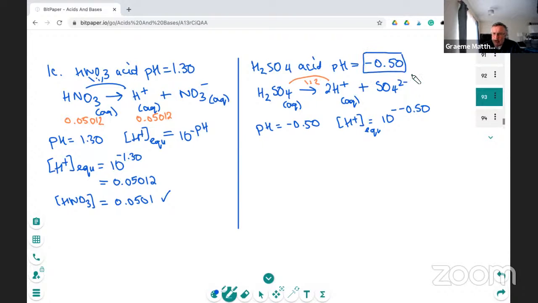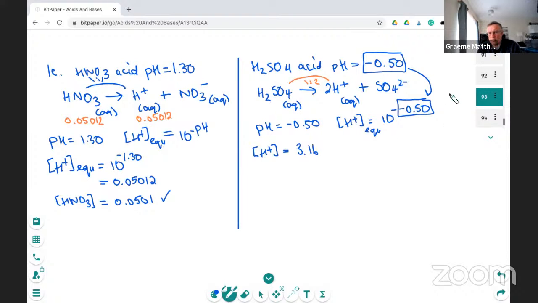We get negative pH in this one. The hydrogen ion concentration is going to be 10 to the 0.50, the double negative comes into account, and I got 3.16.